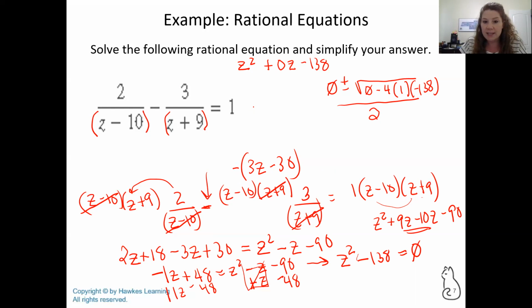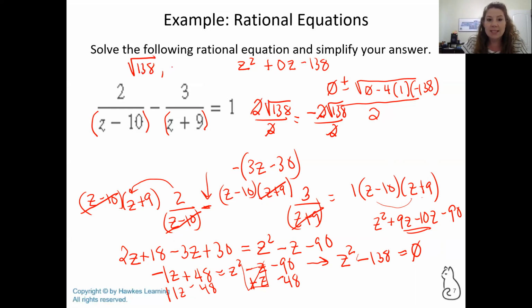So I have positive 2 square roots of 138 and then negative 2 square roots of 138, over 2. So these 2's basically become 1's, right? So my answer is square root 138 and negative square root 138.